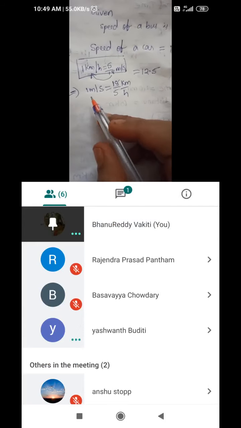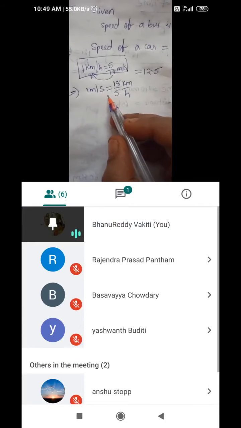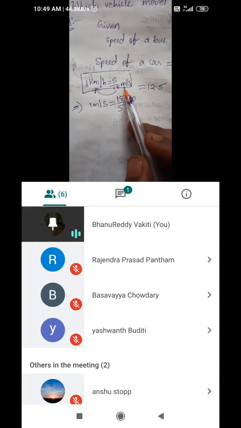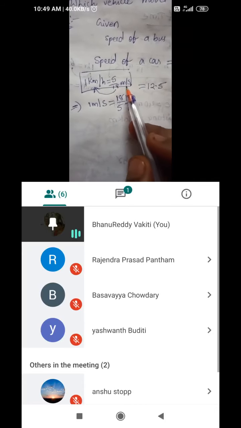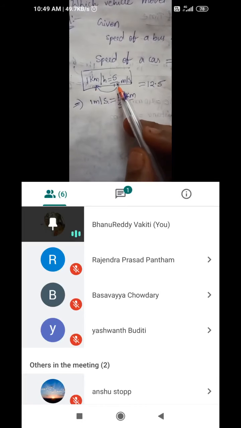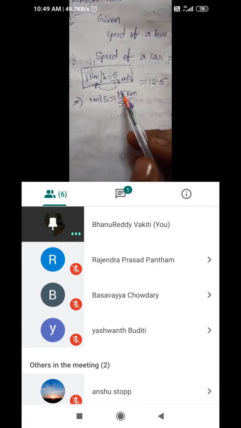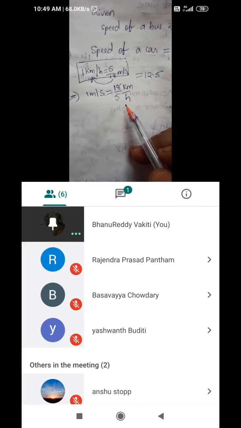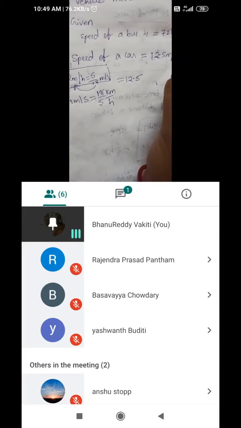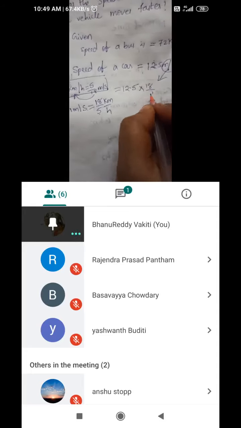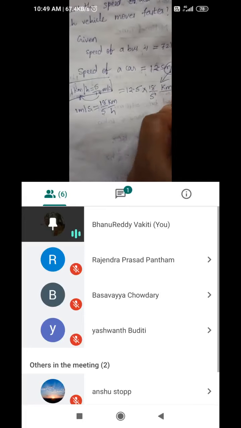Okay. 1 kilometer per hour is equal to 5 by 18 meters per second. At the same time, 1 meter per second is equal to, transposing this to the left hand side, 18 by 5 kilometers per hour. Is it okay? So in the place of meters per second, I am writing 18 by 5 kilometers per hour.